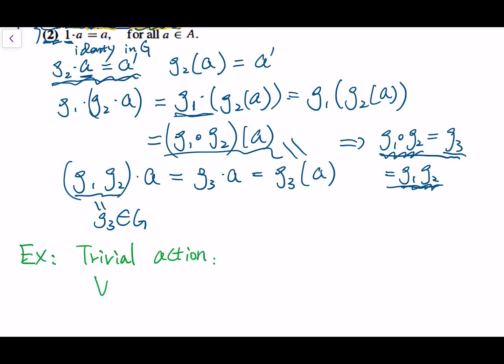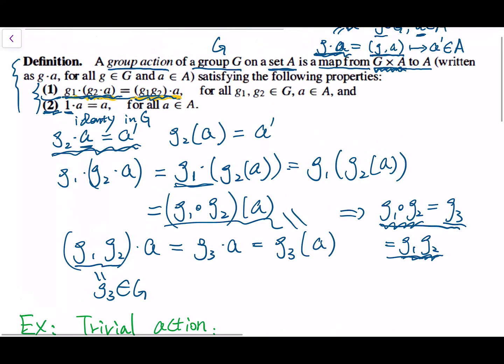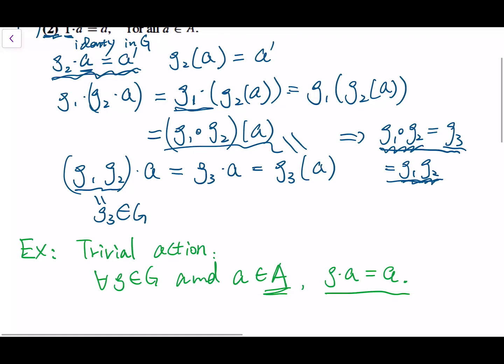So for any group element G in the group G, and any element A in the set A, we define G dot A to equal A. So any element of the group is the identity map for this set A. This is the trivial action, and we want to show that this action is actually a group action.